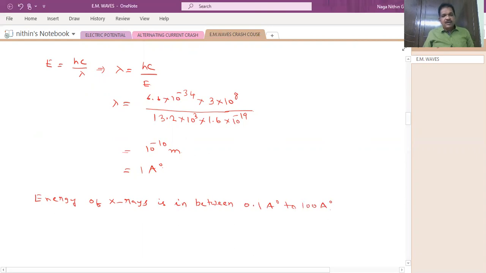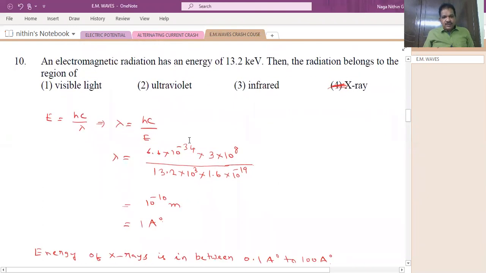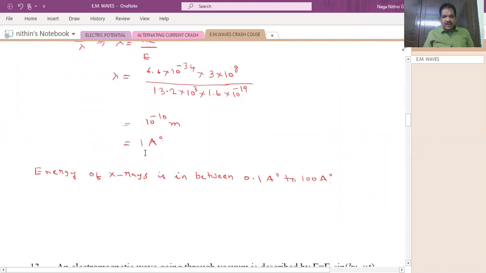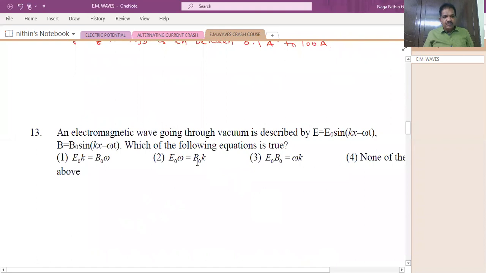So by this incident wave energy, in the electromagnetic radiation, this energy range belongs to X-rays. Here, 1 is in between 0.1 angstrom unit and 100 angstrom unit.